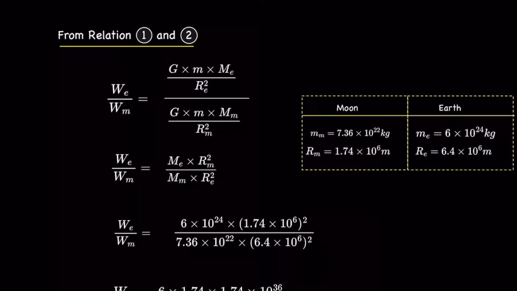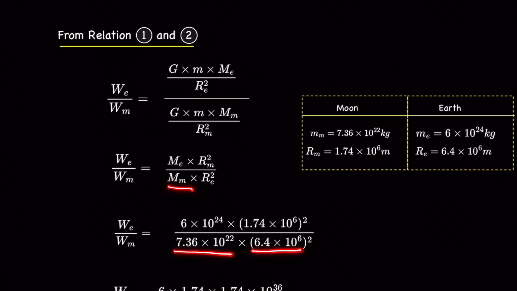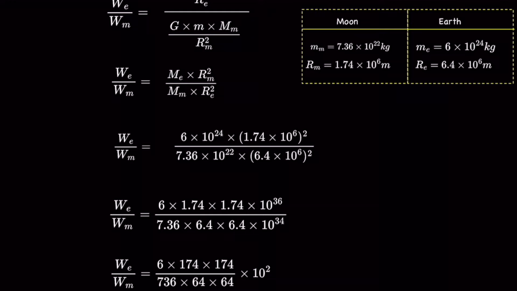Radius of the moon is 1.74 into 10 to the power 6, whole square, divided by mass of the moon is 7.36 into 10 to the power 22, into radius of the earth is 6.4 into 10 to the power 6, whole square. Here we can write it as 6 into 1.74 into 1.74, because it's a square, into 10 to the power 36. How do we get 10 to the power 36?